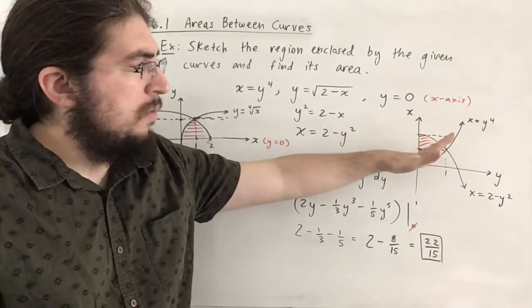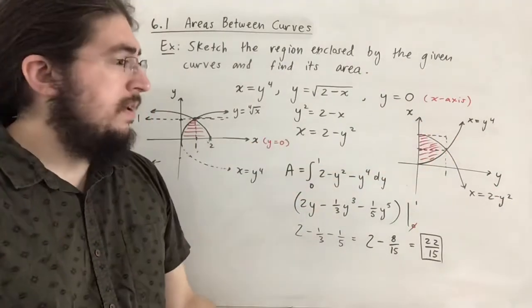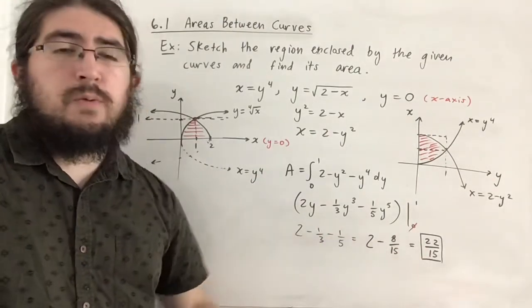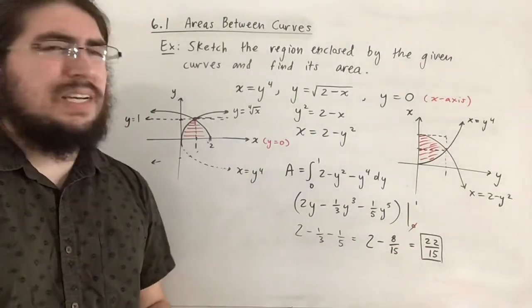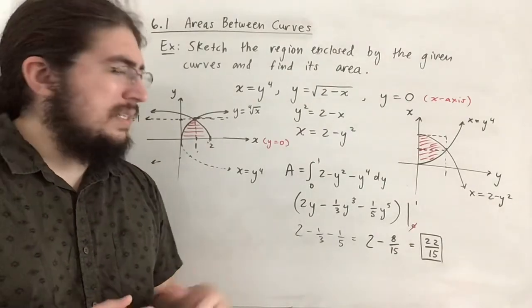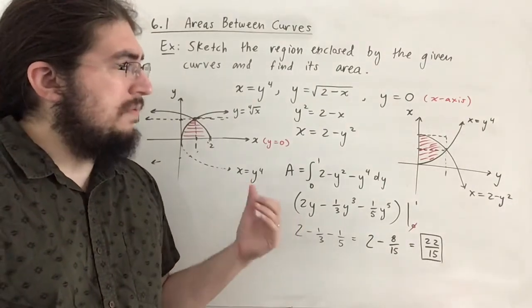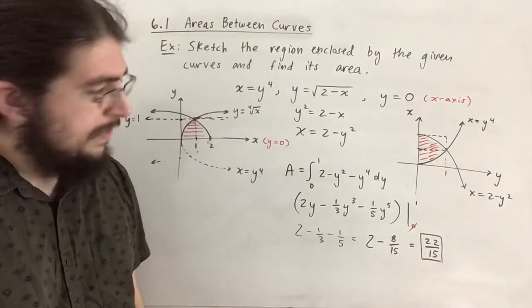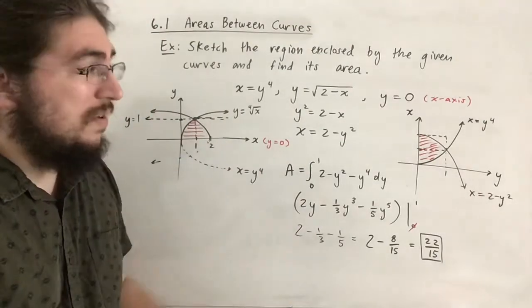So if you have a little more than half added to a little more than half, then you get something bigger than 1. And this is a little bigger than 1. It's 1 and 7/15. It's a little less than halfway between 1 and 2, so it's a little less than 1.5 basically. But anyways, that's all I'm going to say as far as that goes.